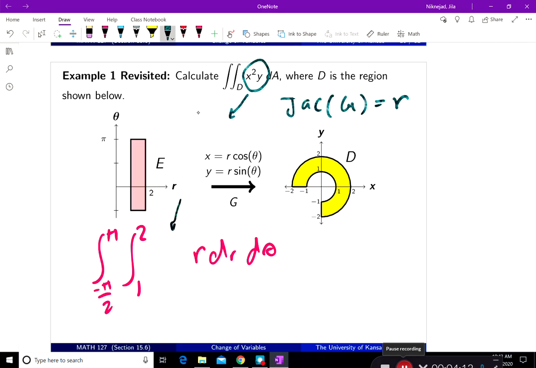Converting that using this formula gives me r squared cosine squared theta and r sine theta. So I will have r to the power 3 multiplied by the r of the Jacobian, and then I will have sine theta cosine squared theta, and I have to take this integral.